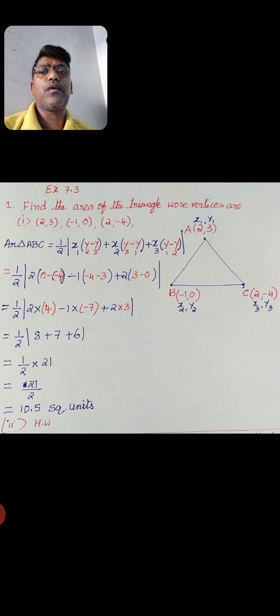The formula is 1 upon 2 mod x1 in bracket y2 minus y3, plus x2 in bracket y3 minus y1, plus x3 in bracket y1 minus y2. I maintain two colors here to represent the different orders. So x1 times y2 minus y3, plus x2 times y3 minus y1, plus x3 times y1 minus y2.